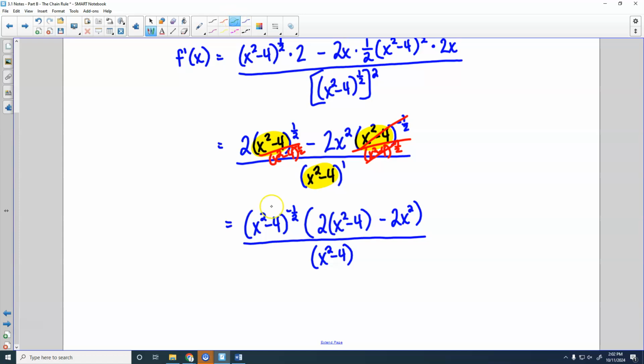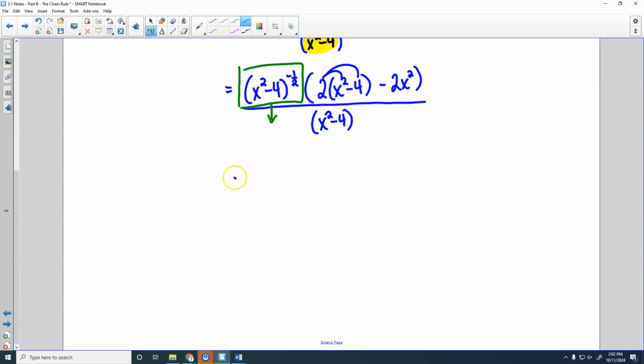So we want to send this back down to the bottom because it has a negative exponent. And we're just going to simplify whatever we can out of the top over here. So that is going to give us 2x squared minus 8 minus 2x squared over, we will have x squared minus 4 to the 1/2, x squared minus 4.